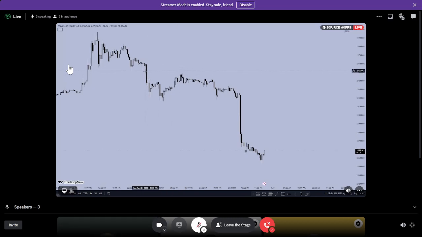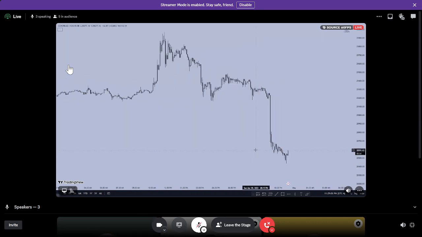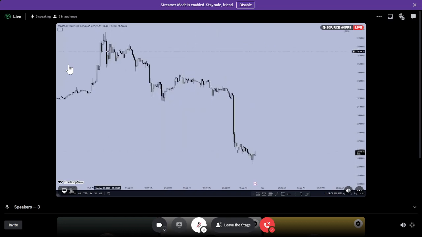At a gap, at a fair value gap, what does it do? Reversal, distribution, redistribution, ending consolidation. Where are we painting on this canvas?